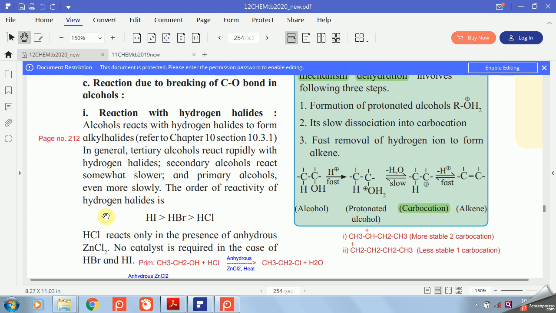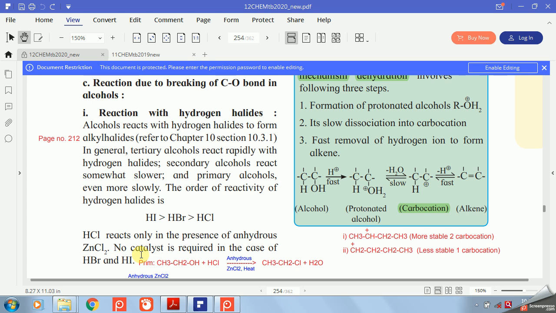HCl reacts only in presence of anhydrous ZnCl2. Anhydrous ZnCl2 acts as a catalyst, because HCl is least reactive, so to increase the reactivity we have to use this catalyst, while there is no requirement of such catalyst when we use HBr and HI.